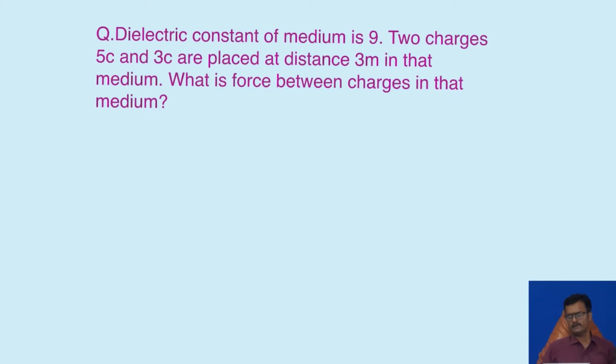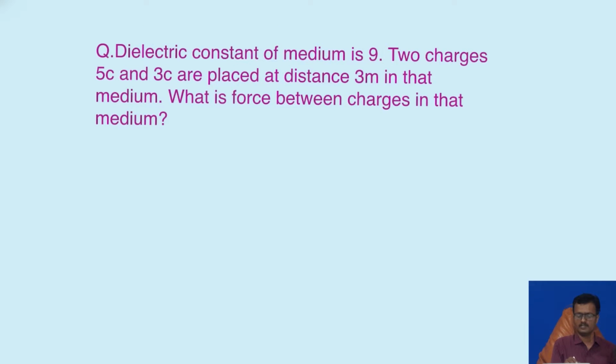The dielectric constant of the medium is 9. Two charges 5C and 3C are placed at a distance of 3 meters in that medium. What is the force between the charges in that medium? So this medium should be dielectric. Okay, remember. Suppose the medium is conducting, then charge is moving from 5C to 3C.